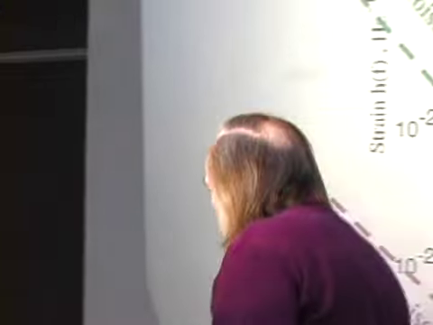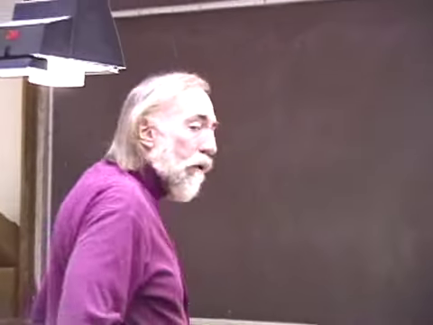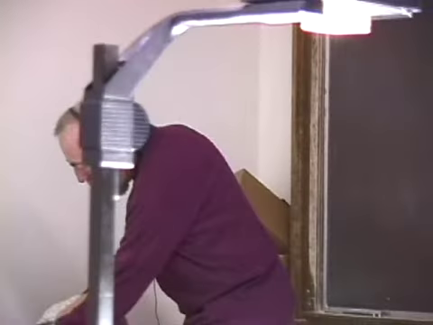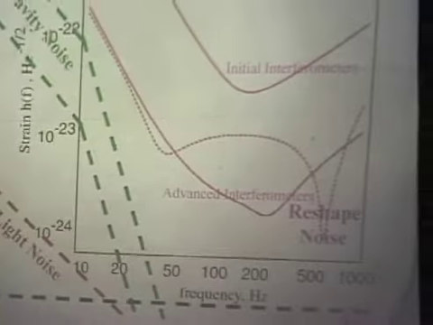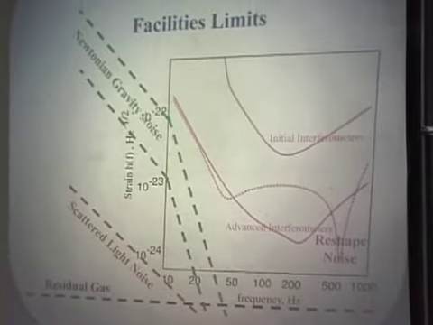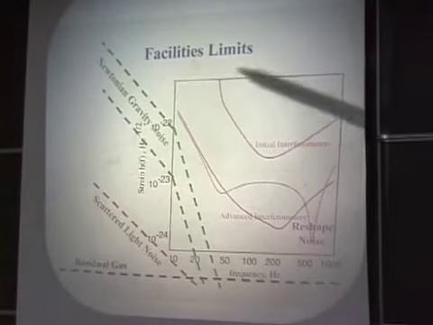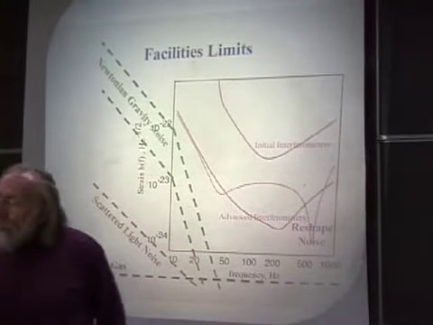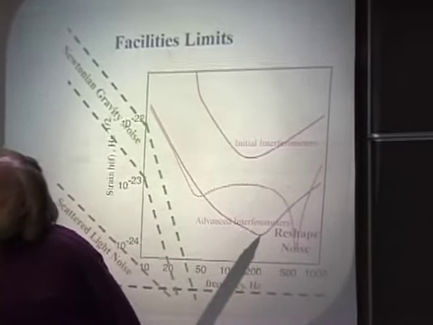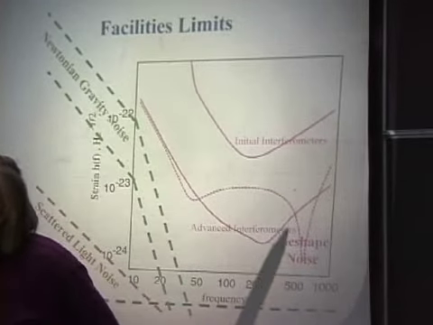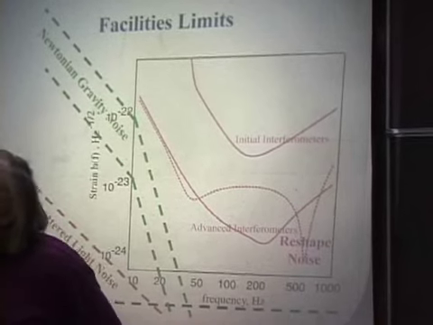So on this transparency, I am showing the facility limits as three curves that are put on top of LIGO noise curves. The LIGO noise curves are the initial interferometer curve, the advanced interferometer curves for a broadband detector and for a narrow-banded detector.